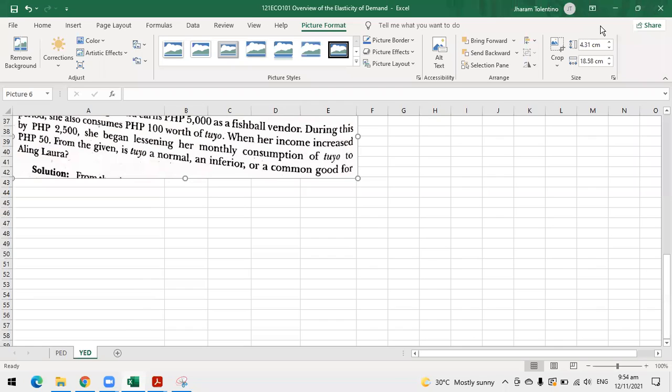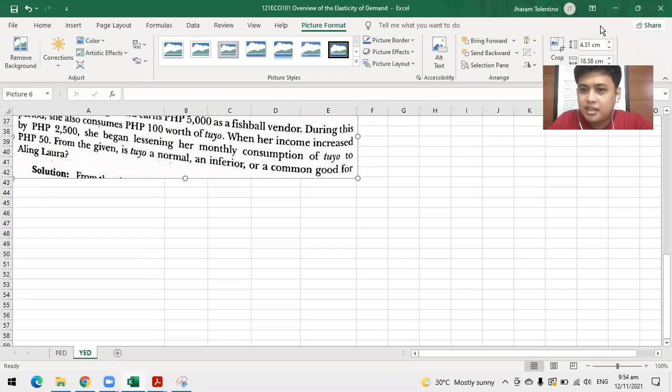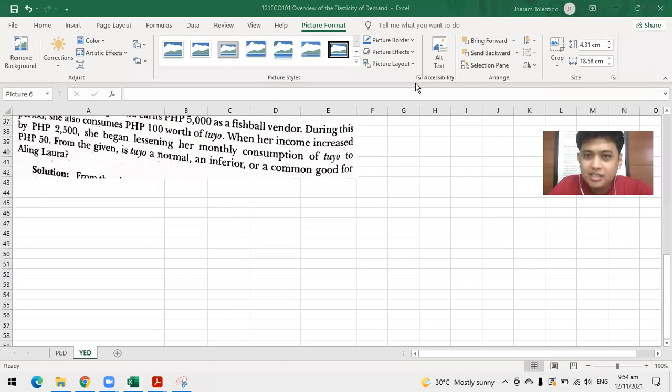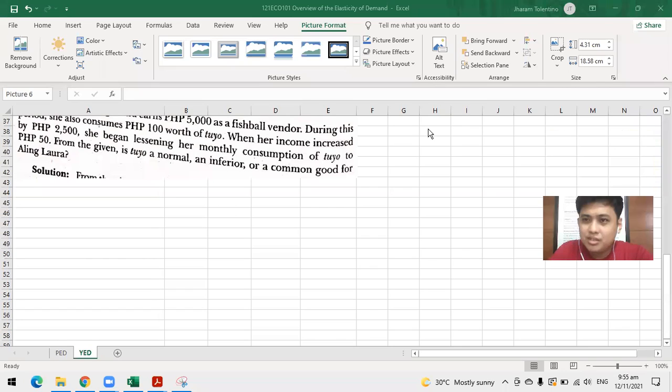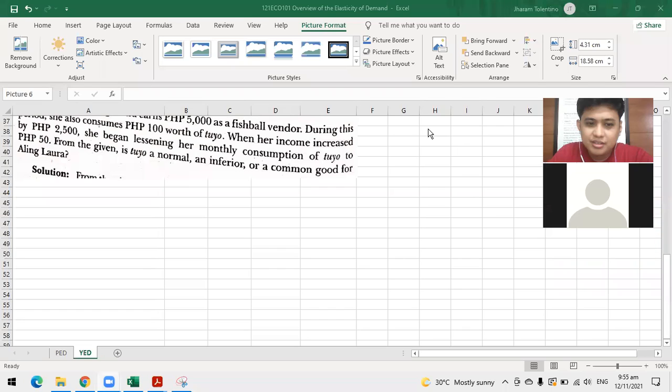Tatlo lang. Apat. Apat lang? Oh my God. 5? 6? 6 lang kumakain ng tuyo sa inyo? Sir, kumakain lang po pero hindi ganun po. Kumakain lang. Hindi araw-araw. Pero hindi 100. Hindi araw-araw, sir.